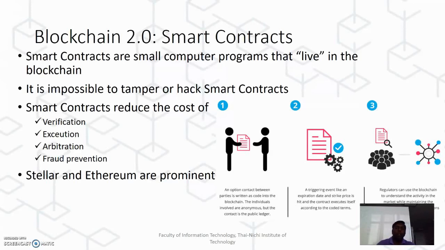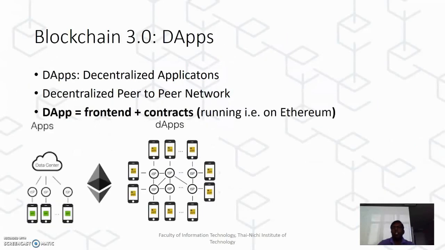Stellar and Ethereum are prominent platforms for smart contracts, and nowadays people mostly use these two platforms for making their own smart contracts. And then the third generation is DApps, that is decentralized applications, on a decentralized peer-to-peer network. It will have a front end of mobile apps, so a mobile app will become a node for this blockchain.